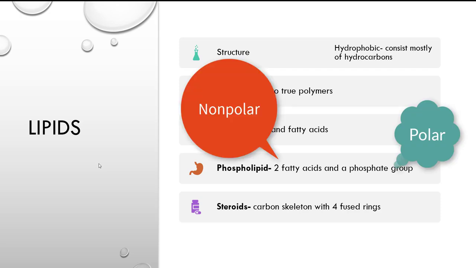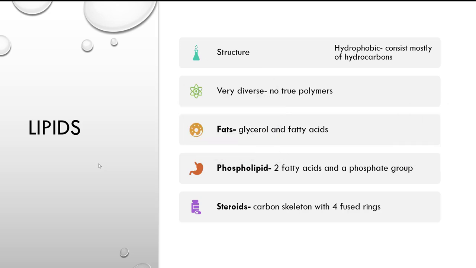We'll talk more about that when we get into our cell membranes, because they make up our cell membranes. And then finally we have our steroids. Steroids actually have carbon rings. We have 4 carbon fused rings. So again, it's very different from a fatty acid or a phospholipid or a glycerol. So you can see the diversity with our lipid macromolecule group.